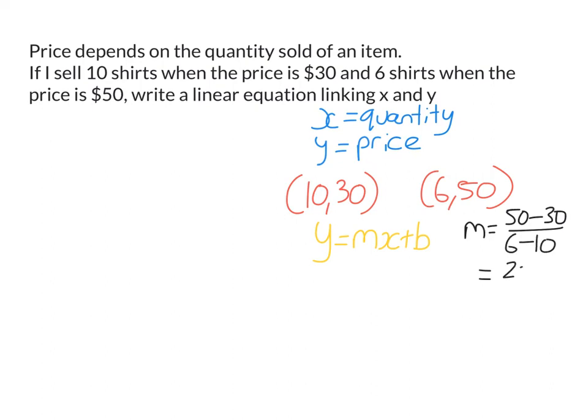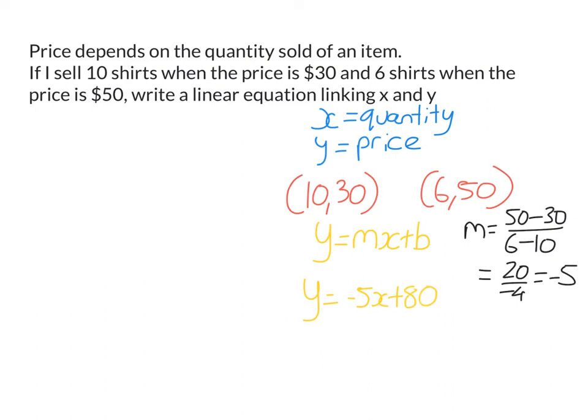So that is 20 over minus 4, which is minus 5. If we substitute in, we should find that b is equal to 80. So the equation linking x and y is y equals minus 5x plus 80.